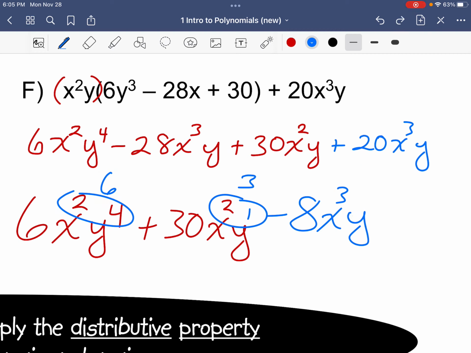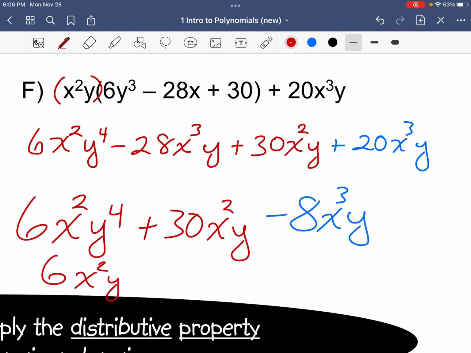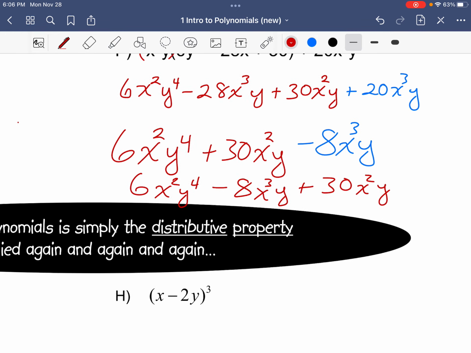Okay, now I'm just talking about organizing the answer. I'm not talking about actually adding any of these exponents together because they are all different. But I am going to put my negative 8x cubed y and then my 30x squared y at the end. And technically now it's in standard form.